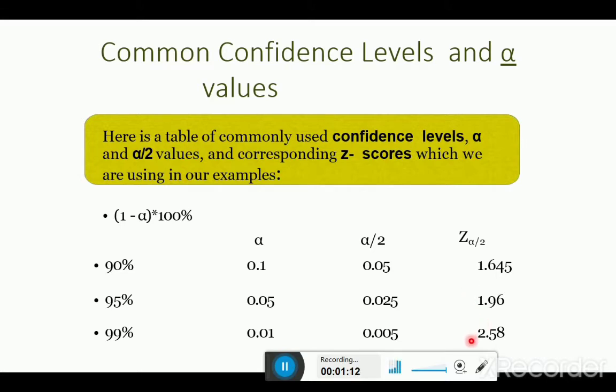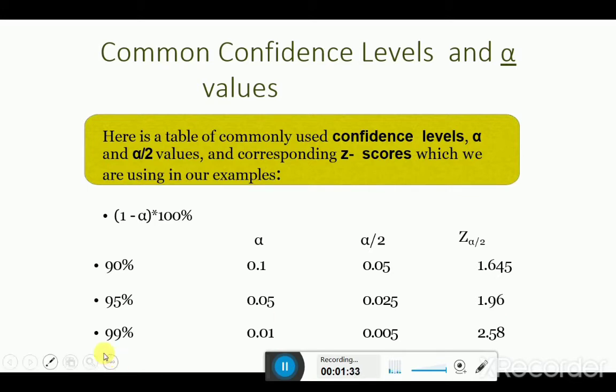For 90% confidence, the z alpha by 2 value is 1.645. For 95% confidence, the z alpha by 2 value is 1.96.